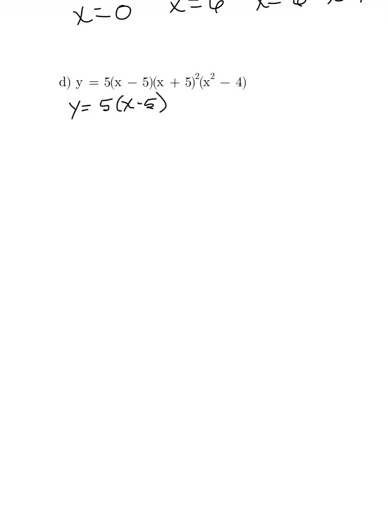But that second quantity of x plus 5 being squared means that we actually have x plus 5 twice. The last quantity of x squared minus 4 is a difference of squares and factors into x plus 2 times x minus 2. So we set all of this equal to 0 to find our zeros.